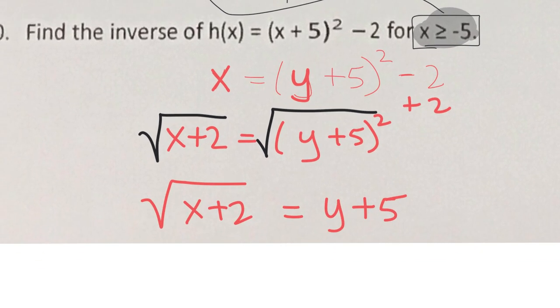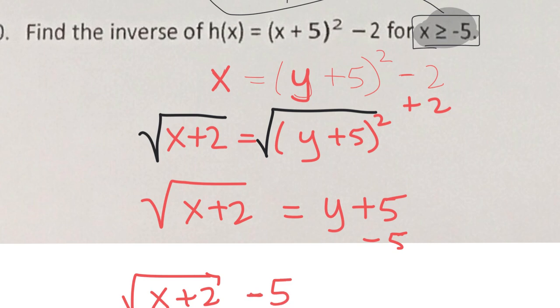And our last step is to minus 5 from both sides, okay, which always goes after your radical ends. Right? We don't ever subtract underneath the radical. So it's not 2 minus 5 equals minus 3. No, you never subtract or add or distribute into a radical. And since the name of this was h, this is now going to be h inverse. Right? We replace your y letter with the functional notation appropriate for inverse.